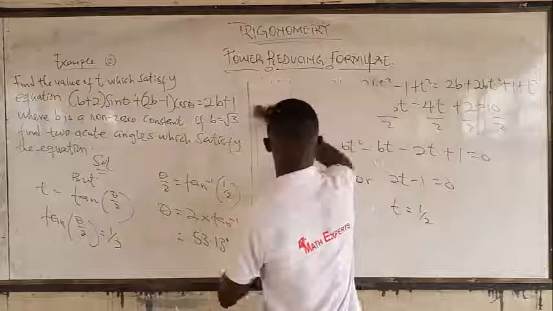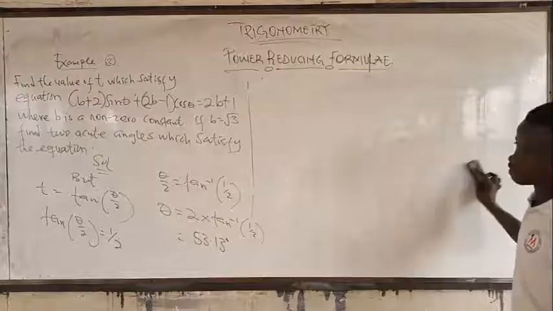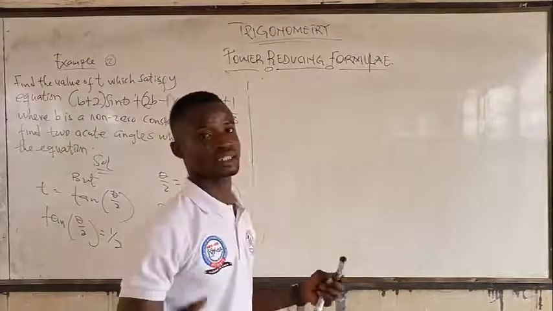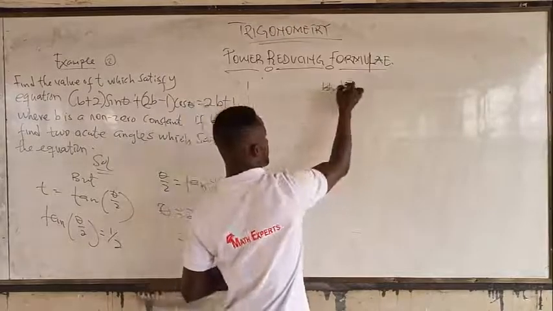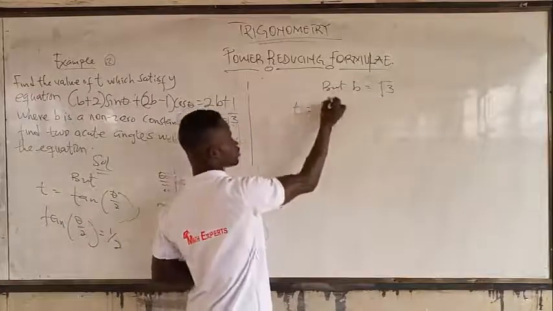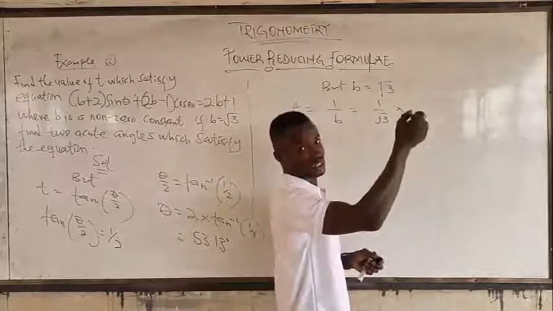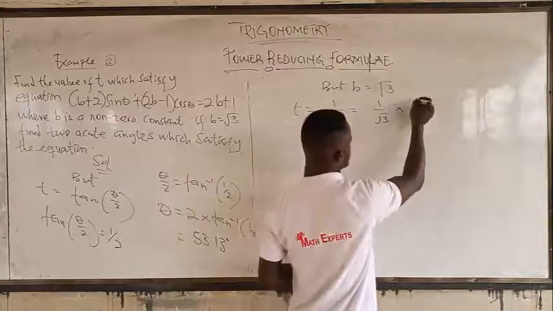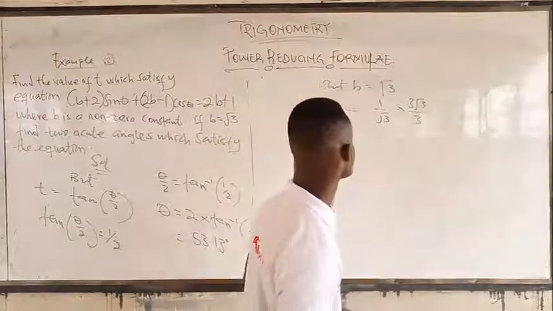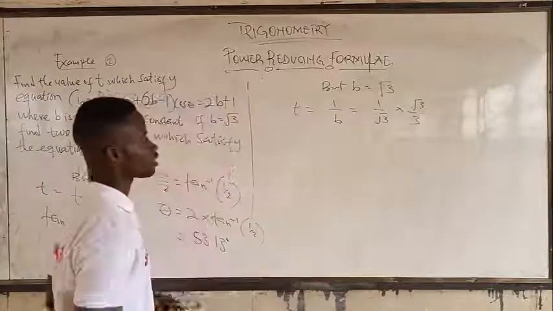Then we go for when t is equal to 1 over b. But we know that b is equal to square root of 3. So t is equal to 1 over square root of 3. When you rationalize, you get square root of 3 over 3.